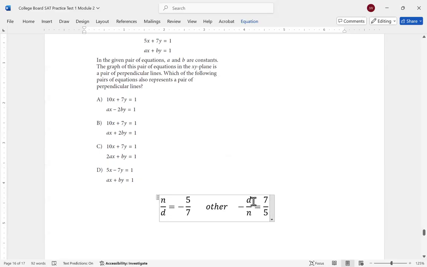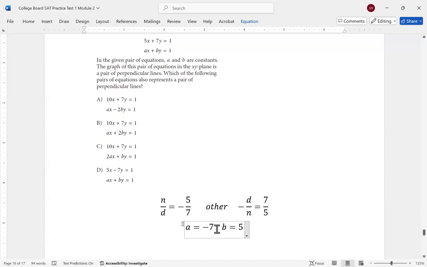And what that does is it forces A and B to be some sort of scaled factor, where A is going to be, let's just say, -7, and B is going to be 5, or some multiple of that.